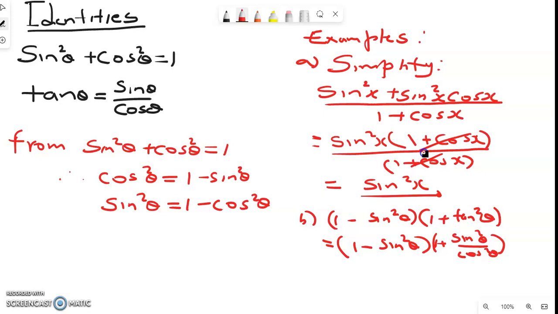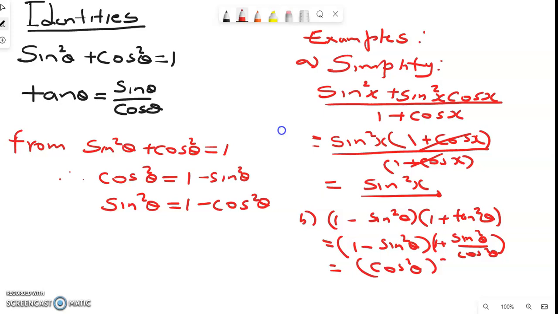On this side, we have 1 minus sine squared theta, which is equal to cos squared theta.